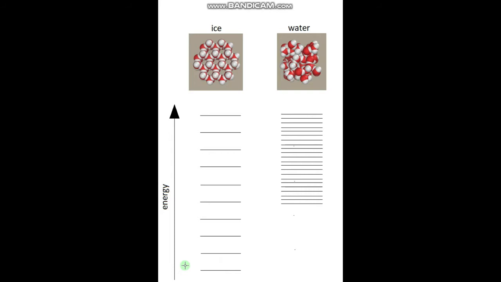But then as we start to warm things up, more energy becomes available, and that allows the system to start to populate higher energy levels as well. So we get a Boltzmann distribution of energies where not all of the system is in this state, but some of the molecules move into higher energy states.